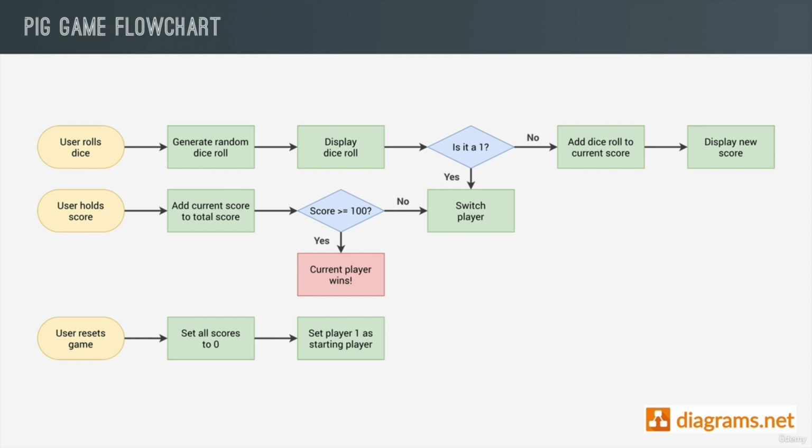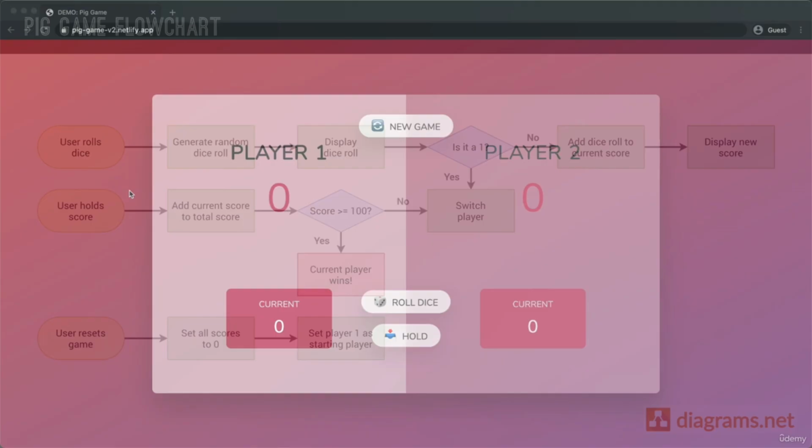But anyway, this is very helpful before we actually start writing code to have a good idea of what we will have to do. And if you want to build your own flowcharts that look like this, you can do so on diagrams.net. So that's where I designed this flowchart, and it's a very nice online drawing application that is completely free and really easy and fast to use.